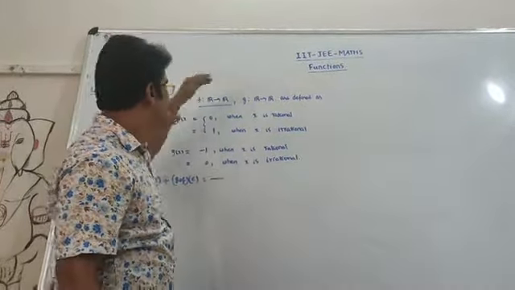Actually, every surd is an irrational number, but every irrational is not a surd. For example, pi is an irrational number but not a surd. Similarly, the value of e is 2.71 something. So e is an irrational number but not a surd. So not a surd, only irrational. That kind of numbers are there in mathematics.